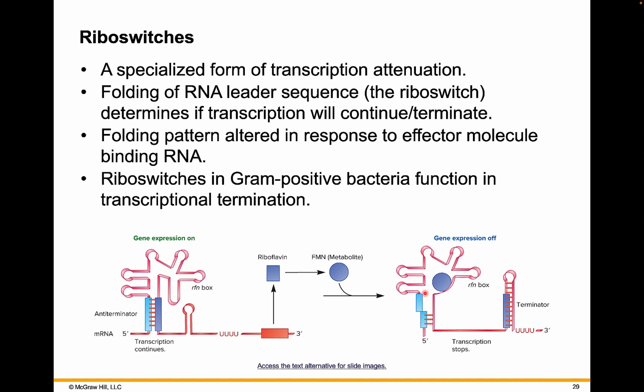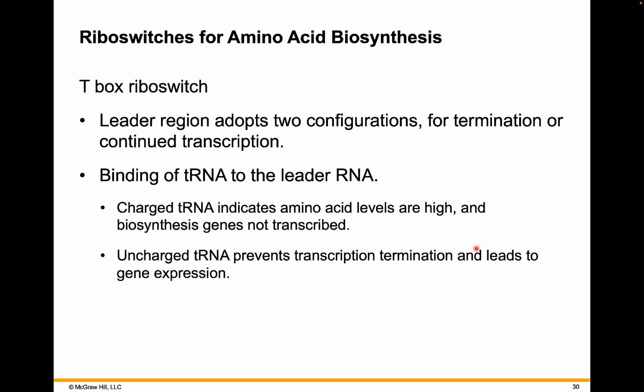Binding alters the secondary structure of the RNA, and due to the secondary structure of the mRNA, the terminator loop forms followed by the U sequence. This is a classic example of rho-dependent transcription termination. So the RNA polymerase falls off and turns off the gene expression.